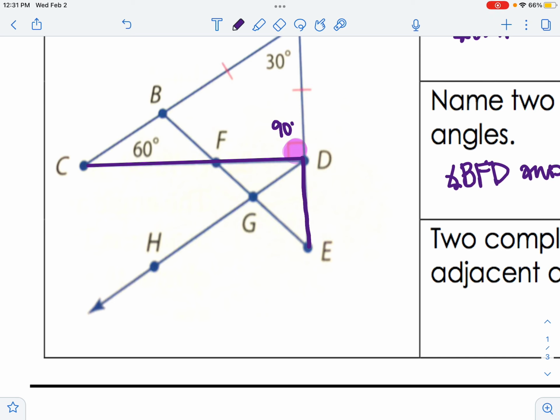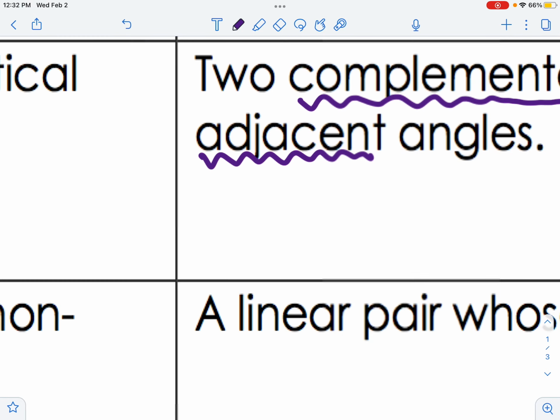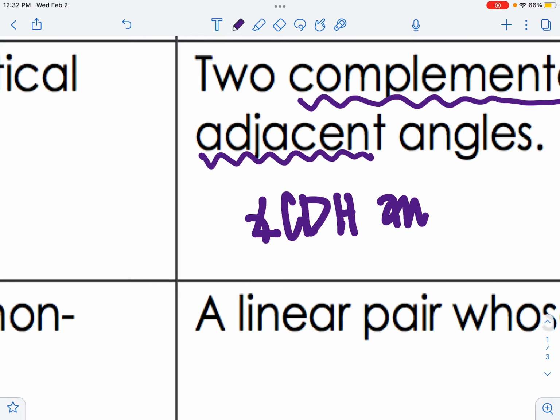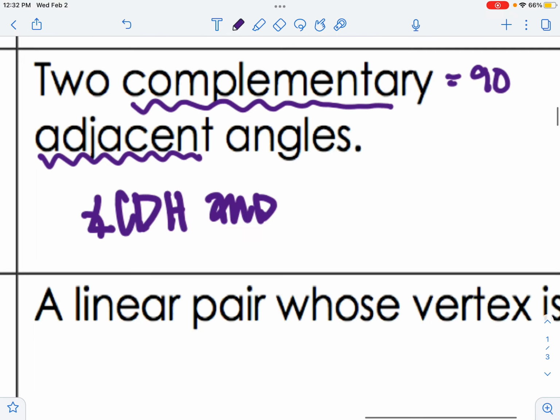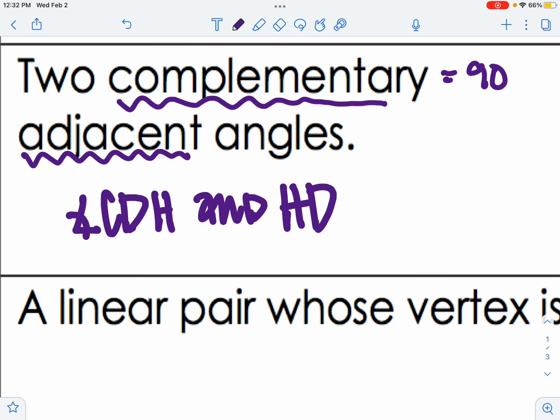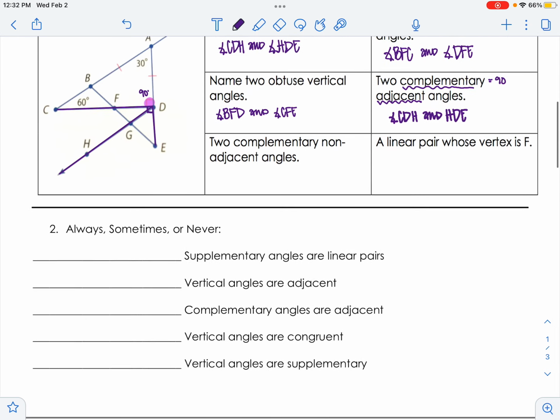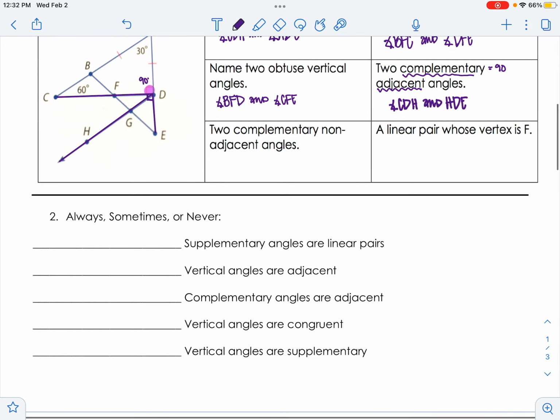Because that angle CDE also has to be 90 degrees. And what I'm going to see then is that this angle CDE is split into two different angles. So I'm going to have angle CDH and angle HDE.